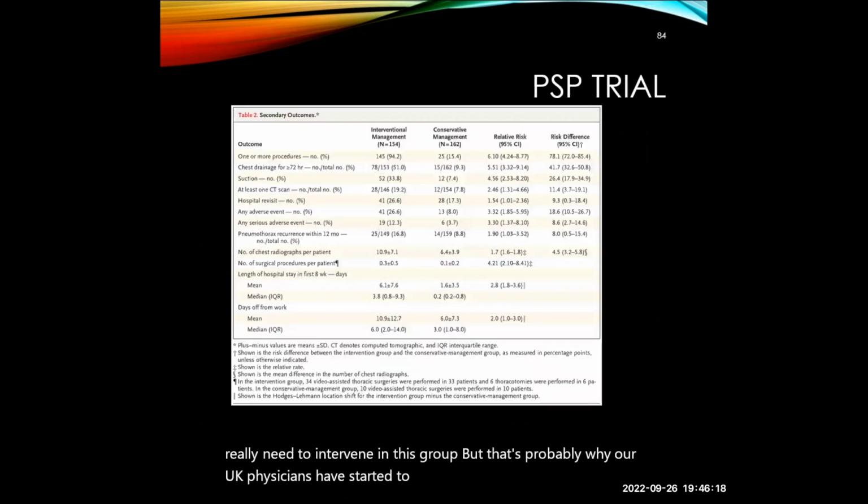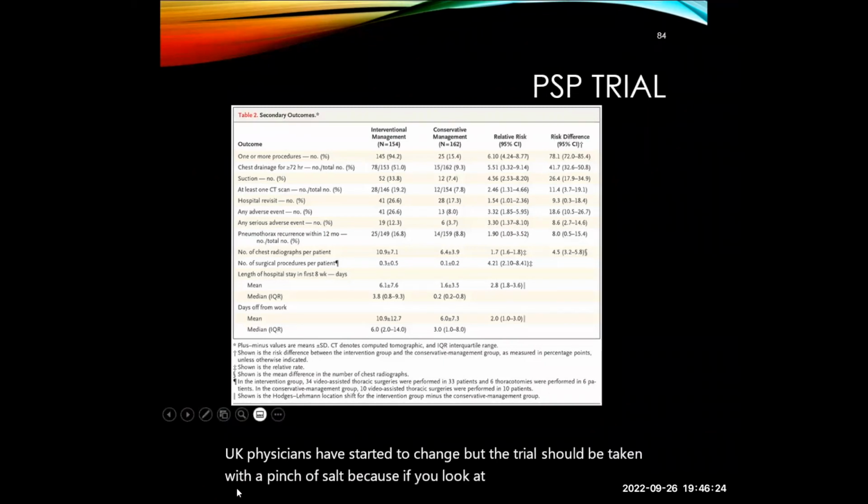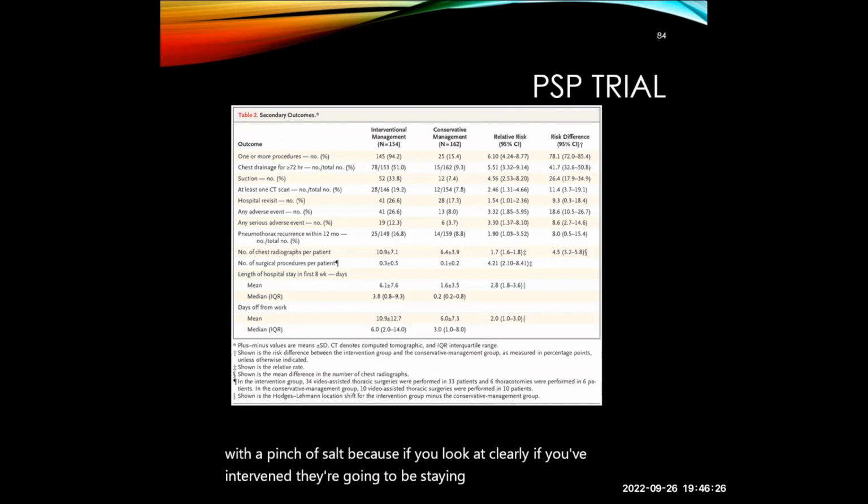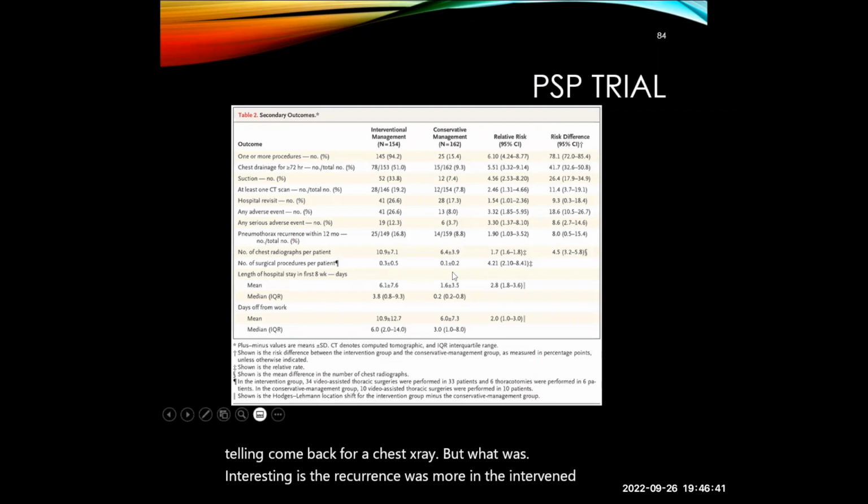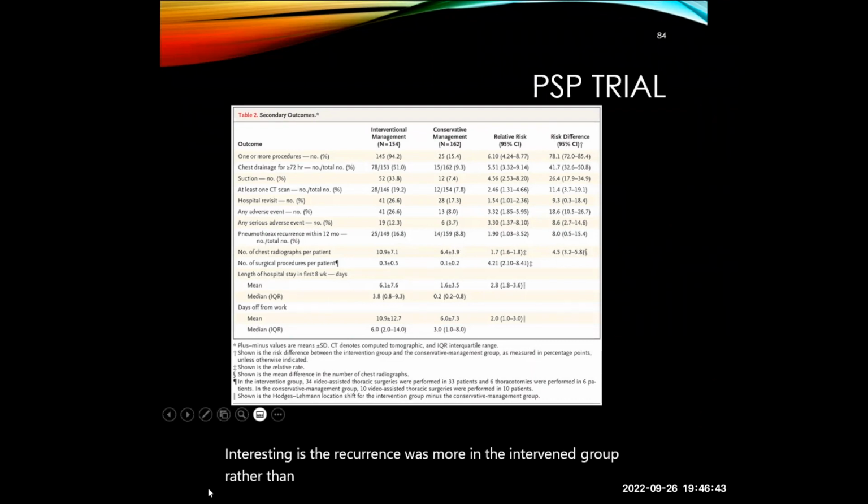But the trial should be taken with a pinch of salt, because if you look at it clearly, if you've intervened, they're going to be staying more, and the hospital length of stay is going to be more, as opposed to sending them home and telling them to come back for a chest x-ray. But what was interesting is the recurrence was more in the intervened group rather than the conservative group, raising the possibility that this cohort was probably slightly different to what we would normally see.